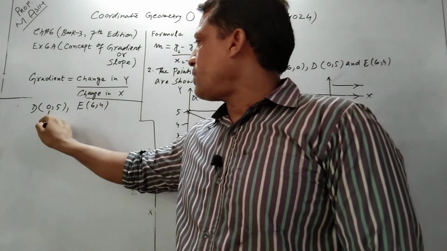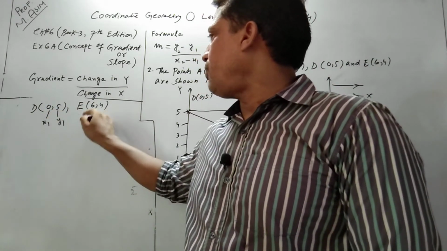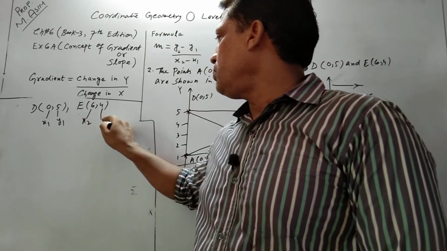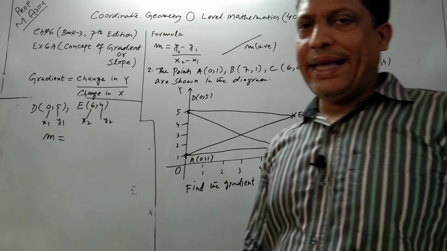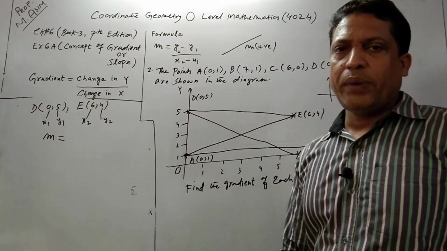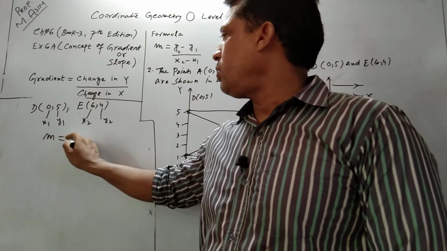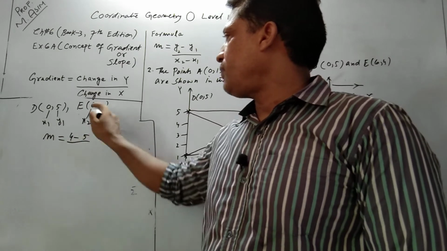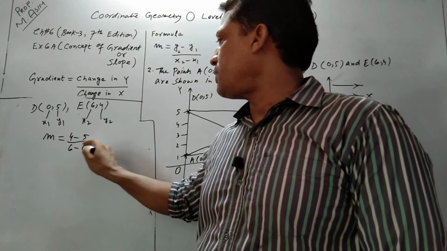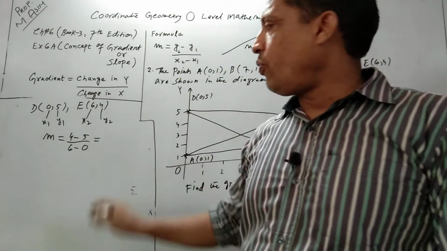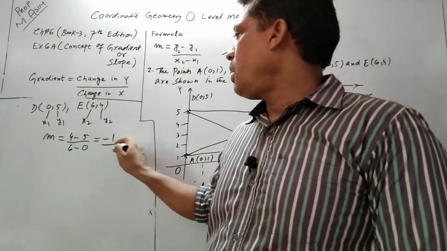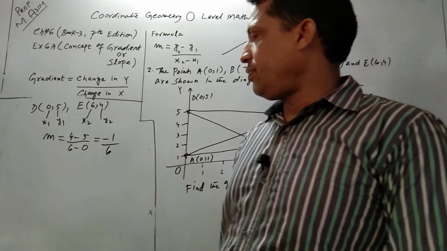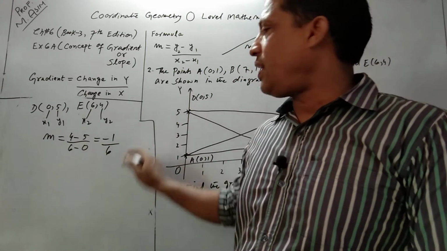This is your x1, this is y1, x2, y2. Hence, the gradient is y2 minus y1, 4 minus 5 upon x2 minus x1, 6 minus 0. 4 minus 5 is minus 1 because of the sign of the bigger number. 6 minus 0 is 6. Therefore, the answer is minus 1 upon 6.